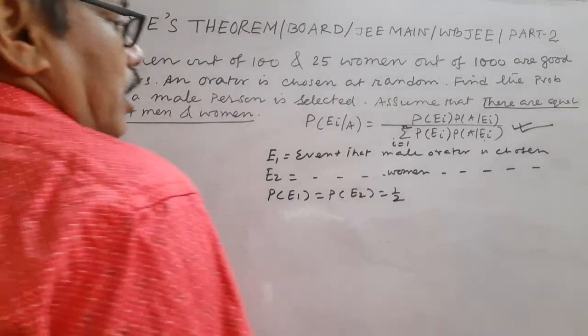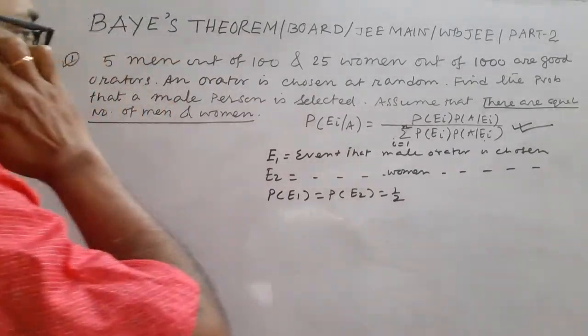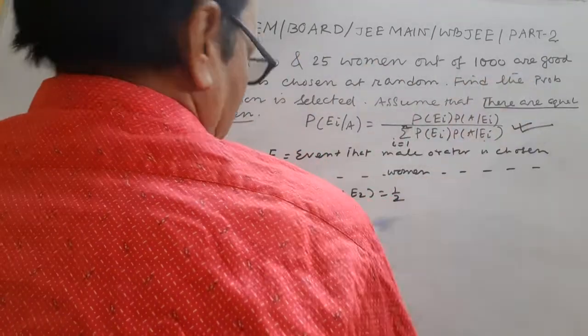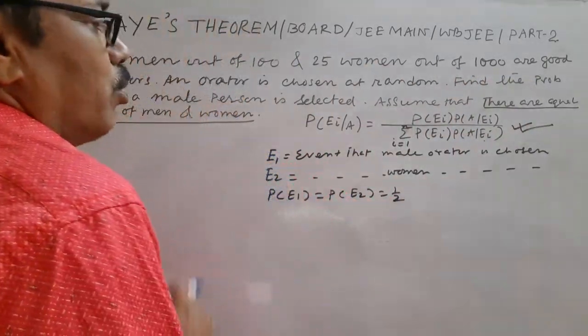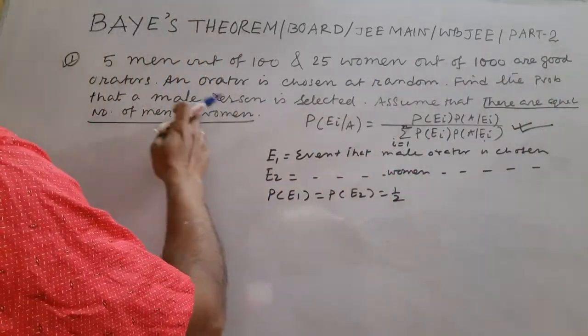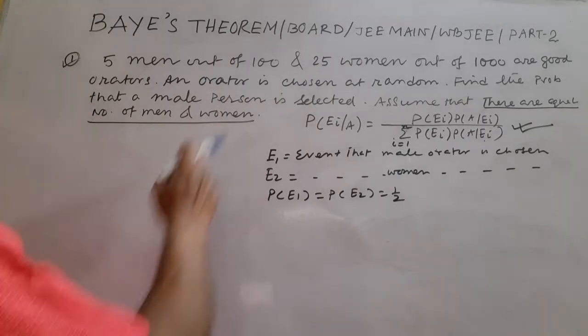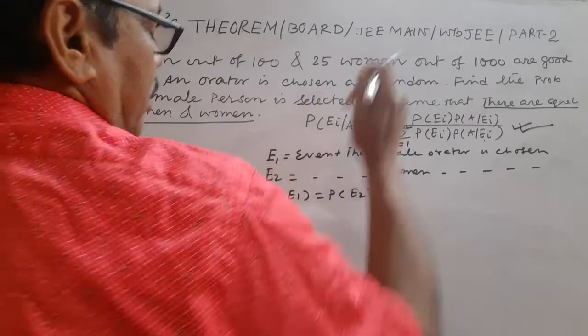Now, you have to define an event A. So, what is the event A, associated with E1 and E2? Find the probability that a male person is selected. An orator is selected at random.